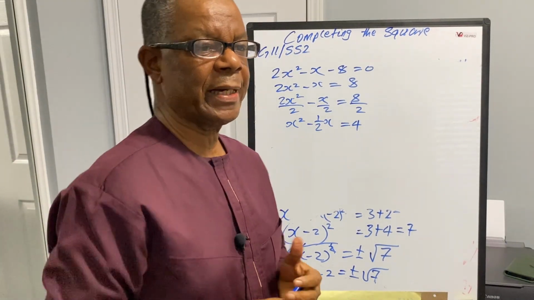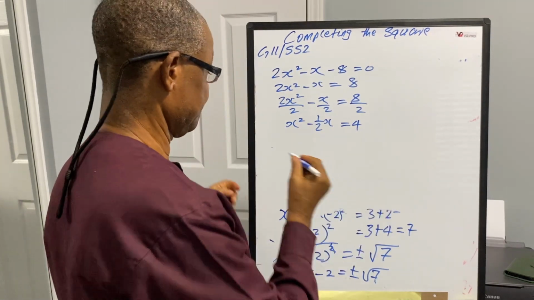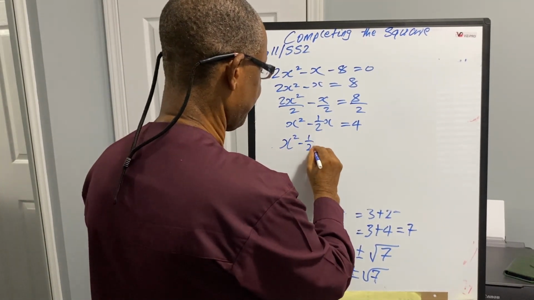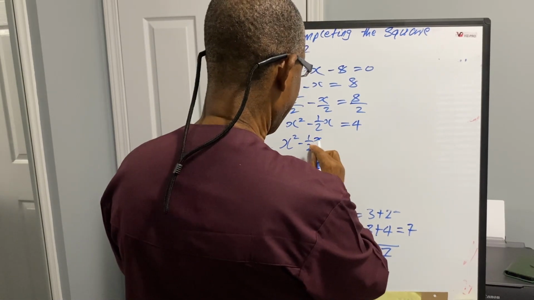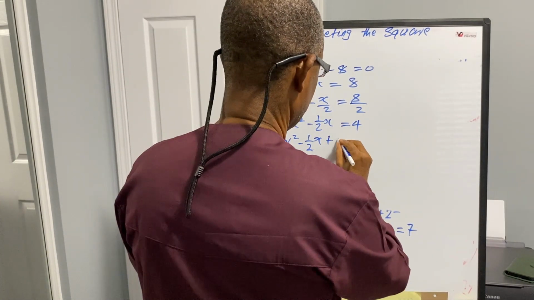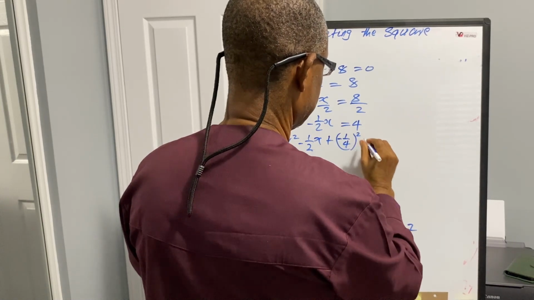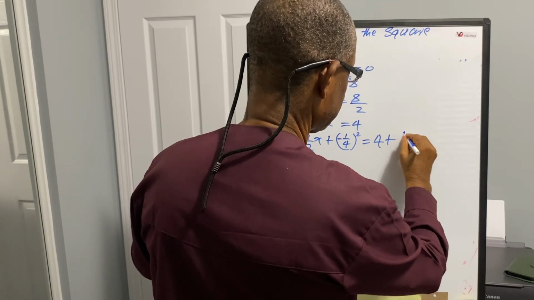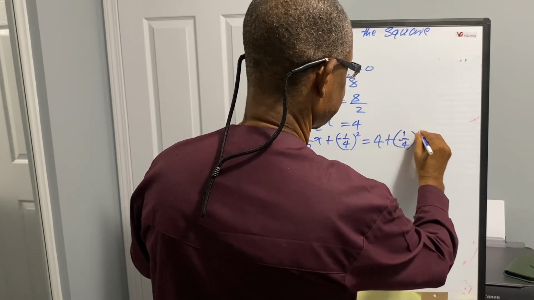We add the square of the half of the coefficient of the first degree on both sides. We have x squared minus 1 over 2x. Add, because of the word add, plus (1 over 4) squared equals 4 plus (1 over 4) squared.